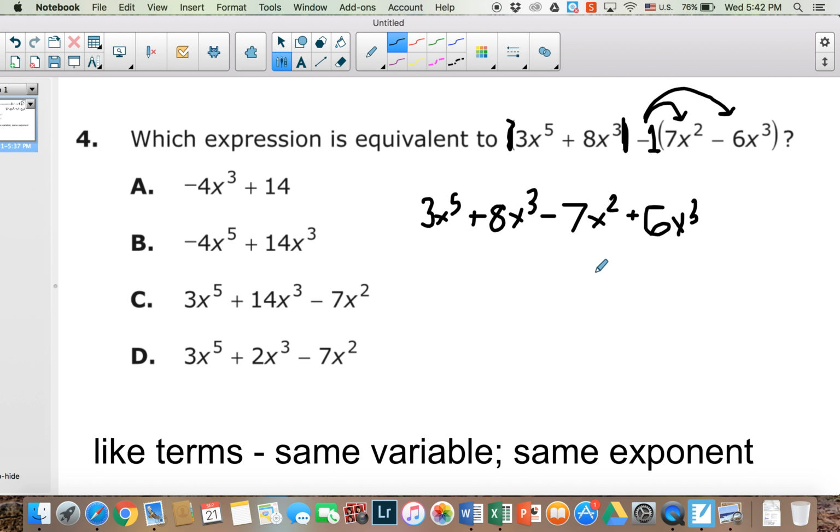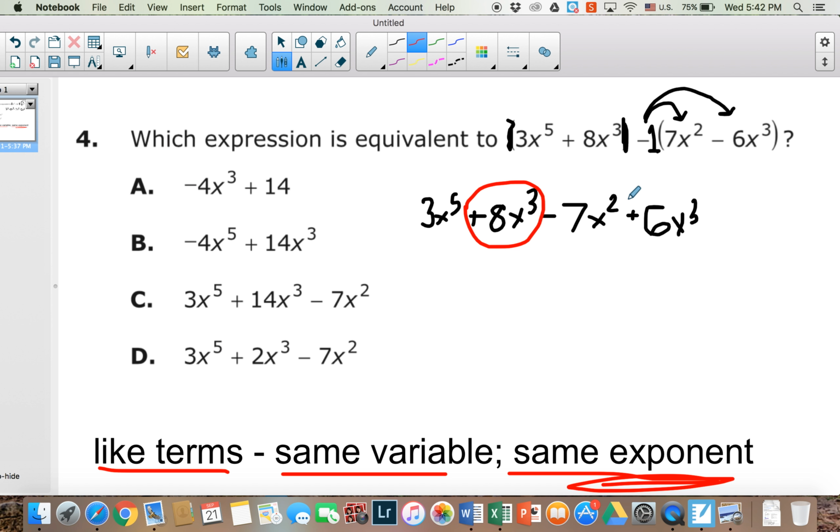So now looking at everything, I can combine my like terms. If we remember what we know about our like terms, same variable and the same exponent, that's the key here. So our like terms would be our 8x to the third and our 6x to the third. If I combine them, I do have 14x to the third.